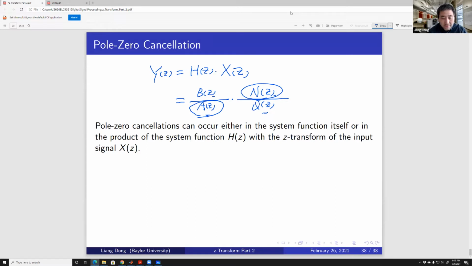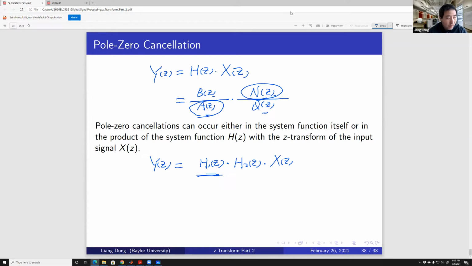Now, the benefit of this is not so obvious in this form. But let's say I have a system called H1(z), and then I deliberately cascade another system, H2(z), and then work on H(z). So if H1(z), the original system, is not stable, how do you tell?